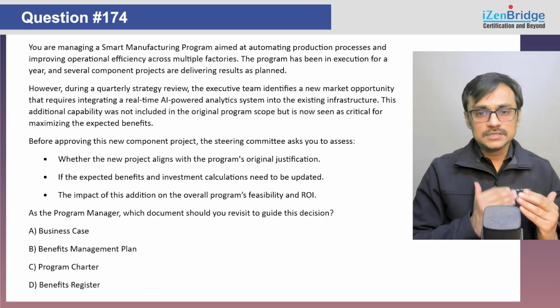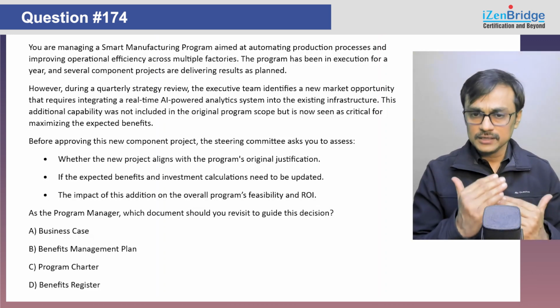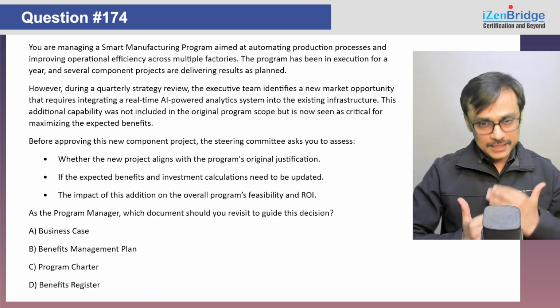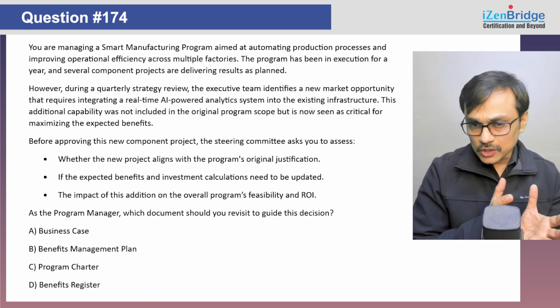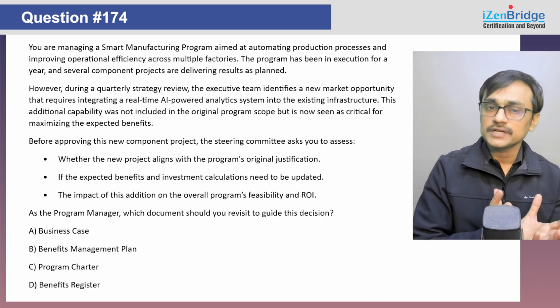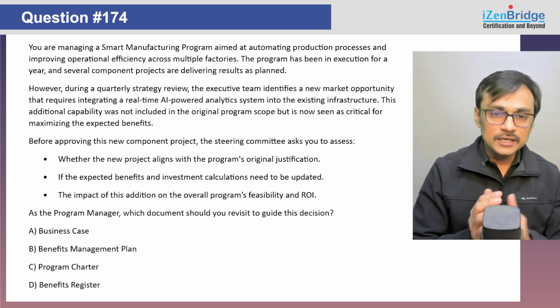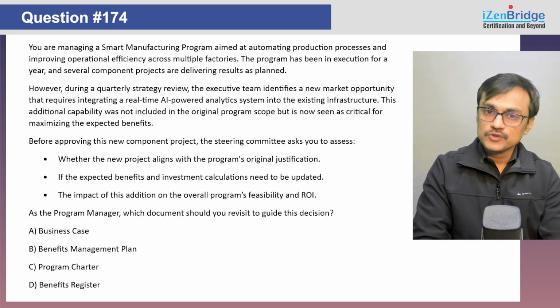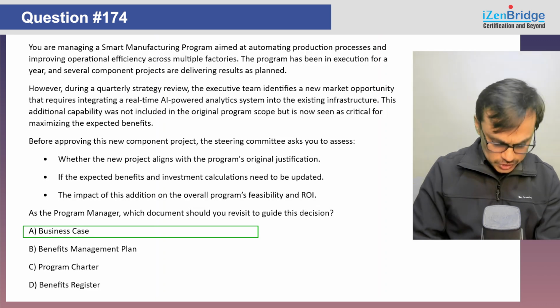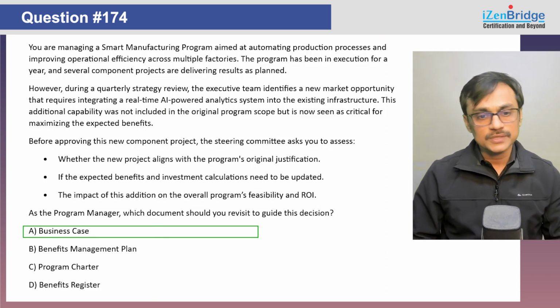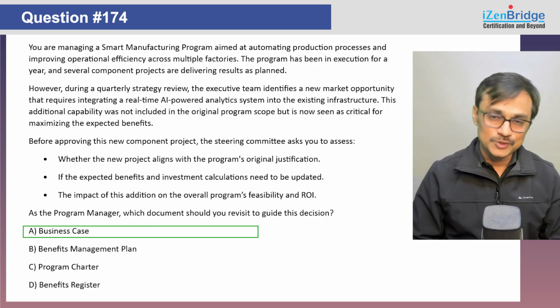Whenever such critical decisions are made and we want to do an impact analysis, the right document which can give me a comprehensive understanding of the initial assumptions and how we have planned it is my business case. So I can go with the business case without much problem. So option A is your answer.